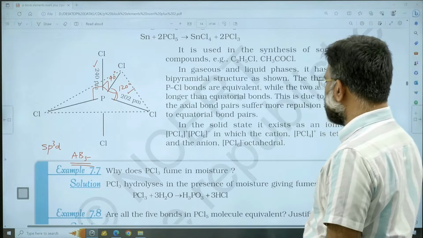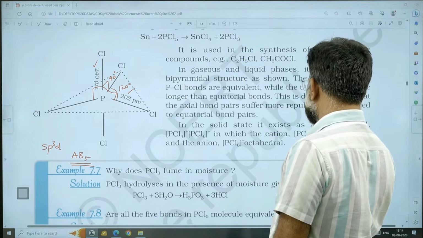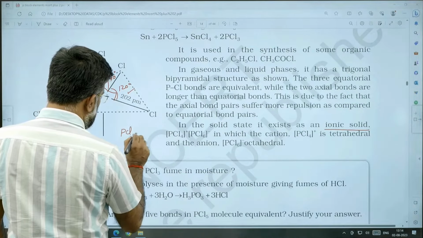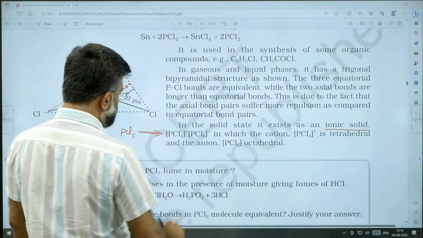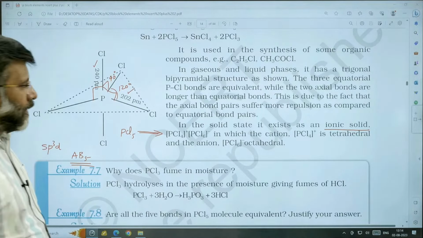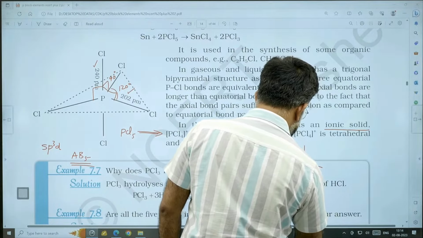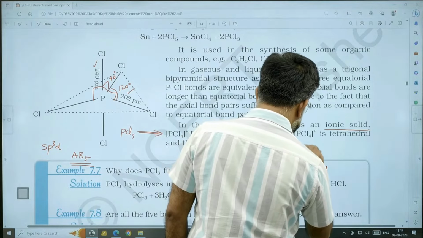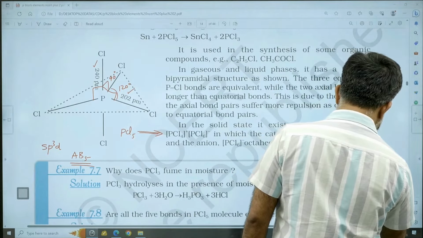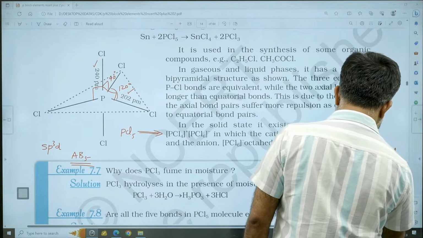While it is moving to the solid state, it is available as an ionic solid. PCl5 in the solid state exists in ionic form: PCl4 plus, PCl6 minus. PCl4 plus will be like this, tetrahedral, sp3 hybridization. While PCl6 minus is sp3d2 hybridization and is octahedral.